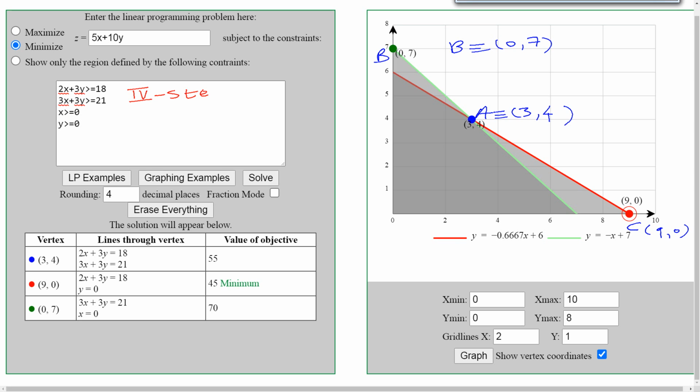In this step you have to determine the values of the objective function at the vertices of the common feasible region.